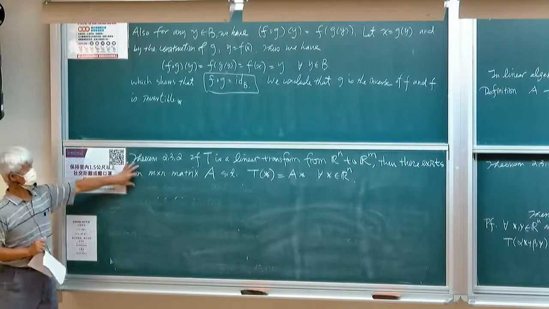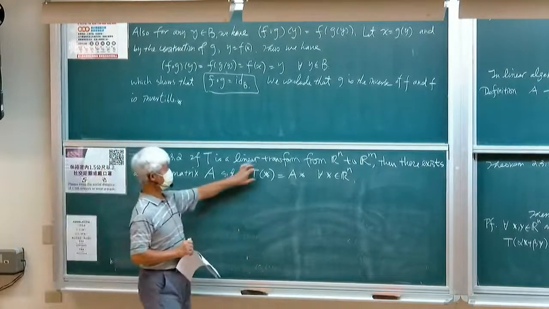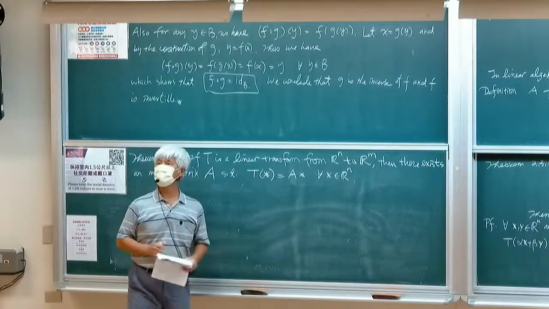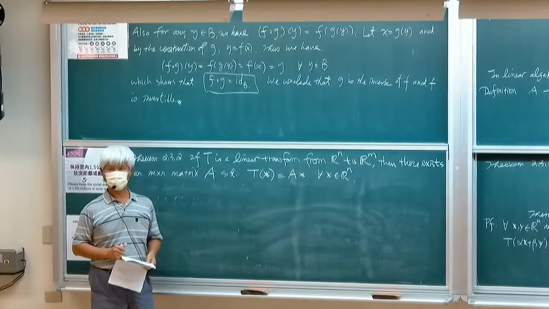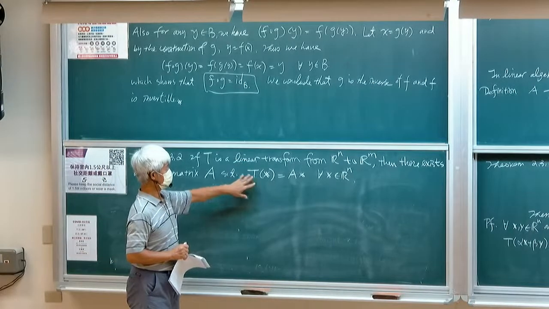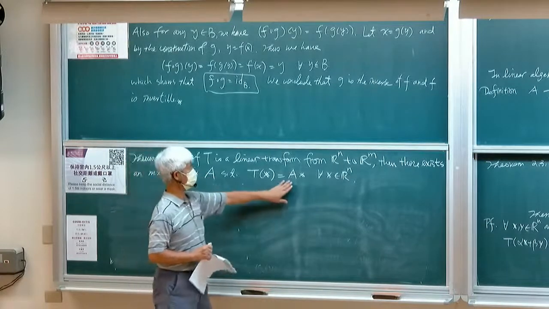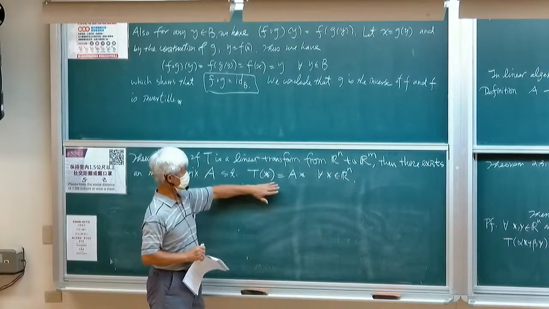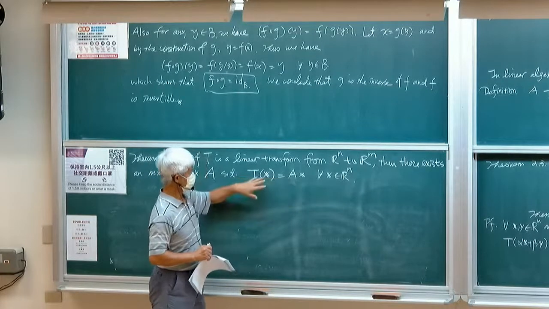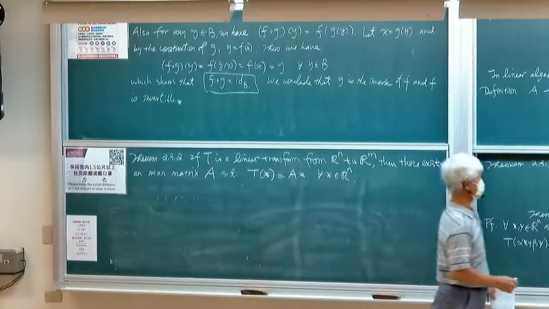So this theorem tells us that any linear transformation must be this way: we can find an m times n matrix A, and then T of x is equal to A times x. So any linear transformation is of this type.